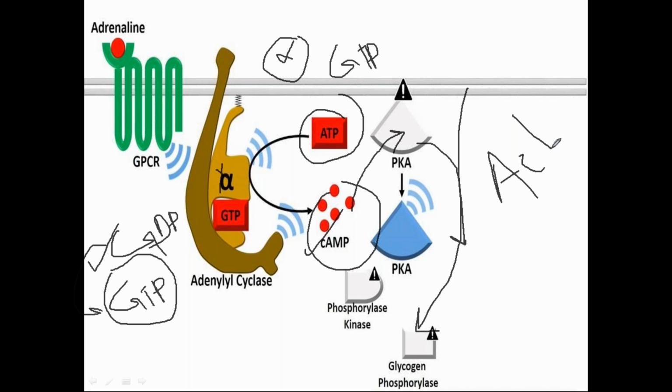Why activation? Because the first step is leading to the activation of whatever signaling proteins are present downstream. So this is your first pathway, which is called the cAMP pathway.